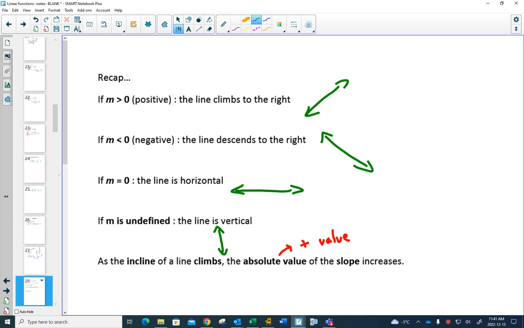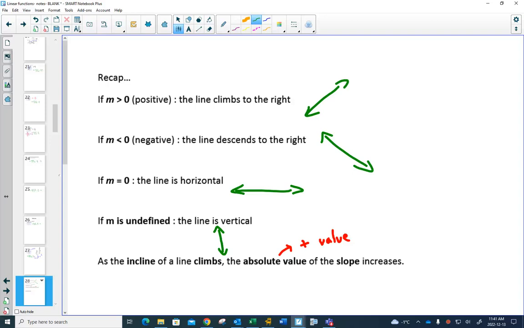As the steepness gets more steep... Wouldn't you only have an arrow on one of the ends for the first two? No, because a line continues in both directions.